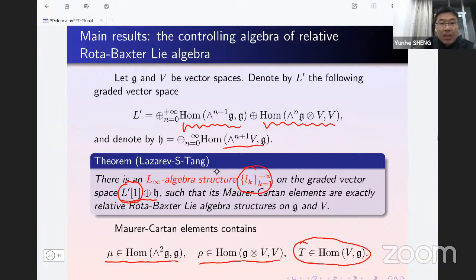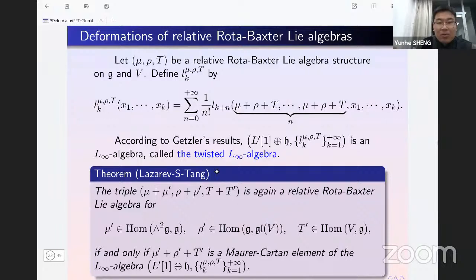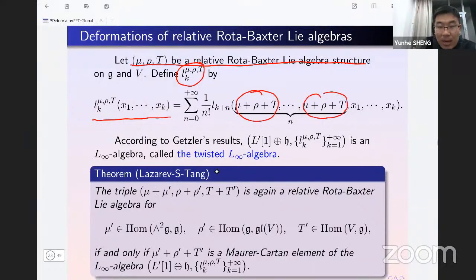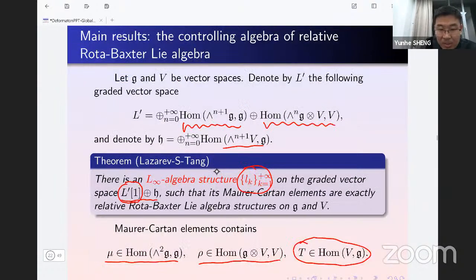First, we study deformations of relative Rota-Baxter Lie algebras. Let (mu, rho, t) be a relative Rota-Baxter Lie algebra structure, and then we define L_k^{mu,rho,t} by this twisted formula. So L_k^{mu,rho,t}(x_1, ..., x_k) is equal to this sum. Here we use (mu, rho, t) to twist this formula, and this L_{k+n} is exactly the controlling algebra structure here.